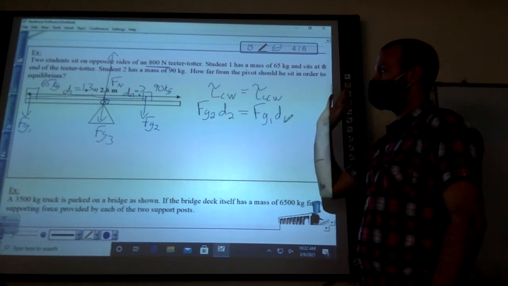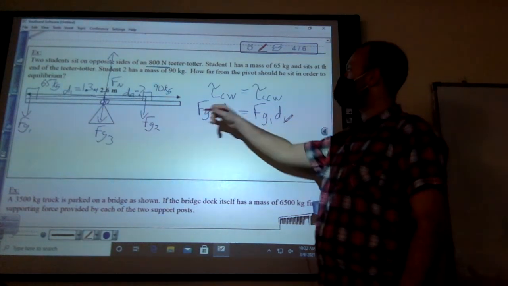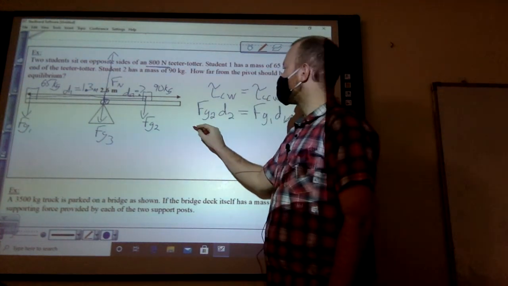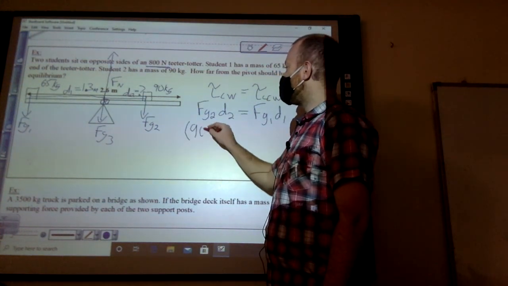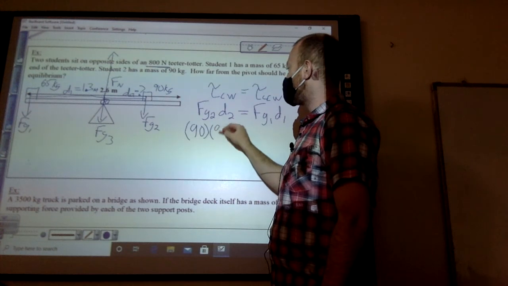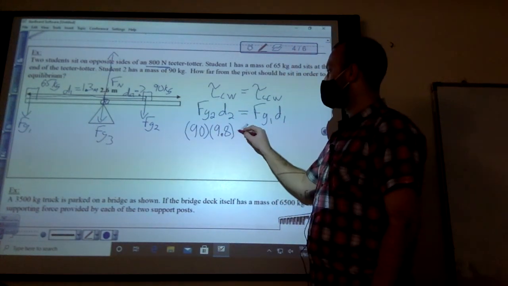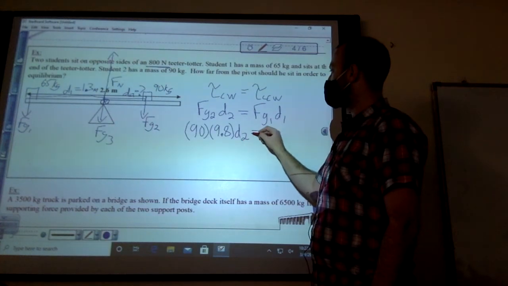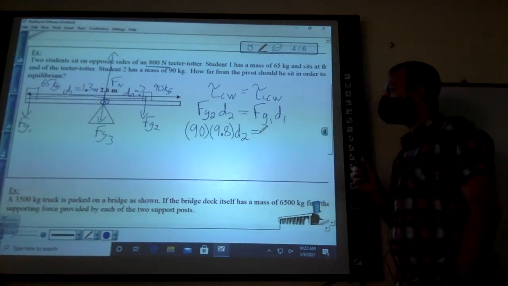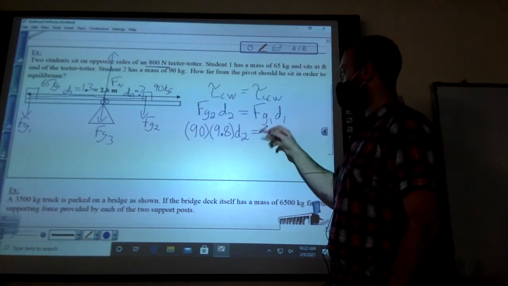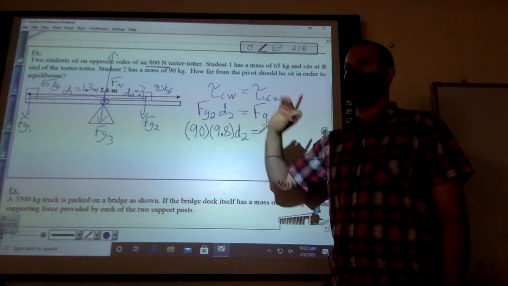Now we can solve it. FG2, we're told the mass is 90. Do not forget to turn this into a force. I'm not going to just yet because I don't want you to forget about it.